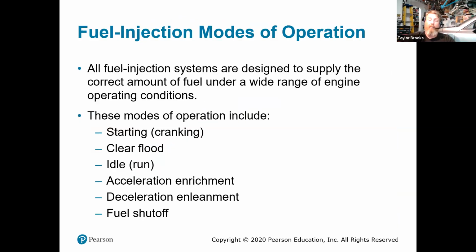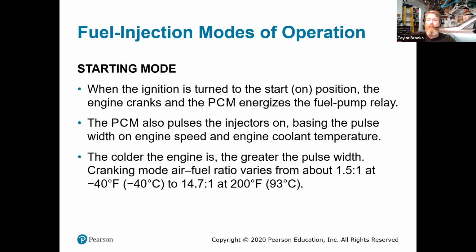Now let's talk about the different operations of a fuel injector. We're going to have our starting, or our cranking. This allows the fuel pump to pressurize the fuel rail, and it may pulse the injectors once. It's kind of similar to a carbureted vehicle where you'll pump the throttle a couple times so that the vehicle will fire up on a cold start.